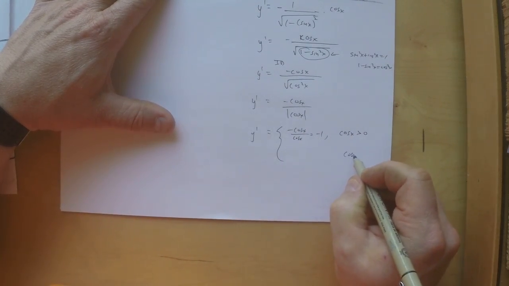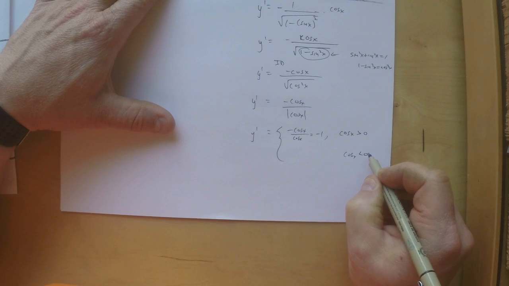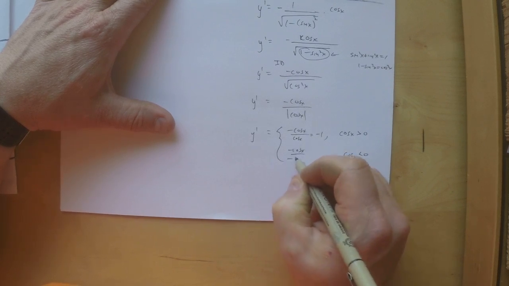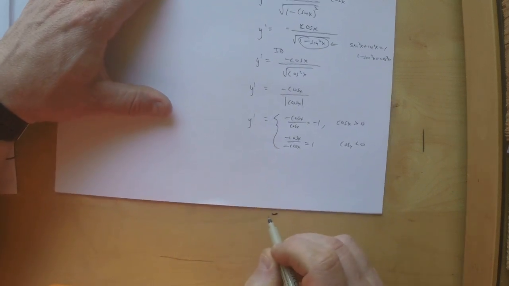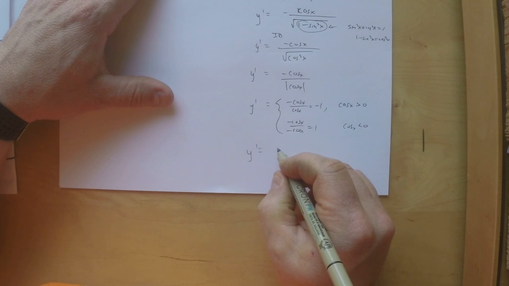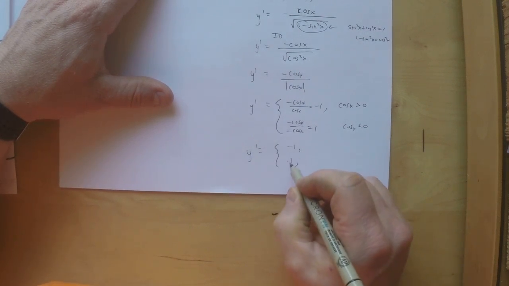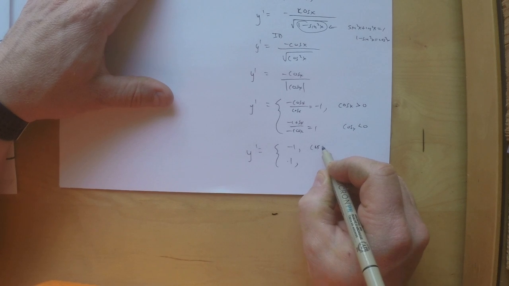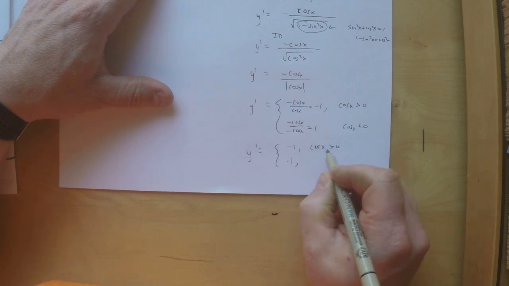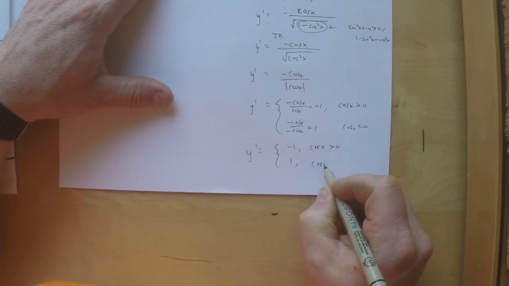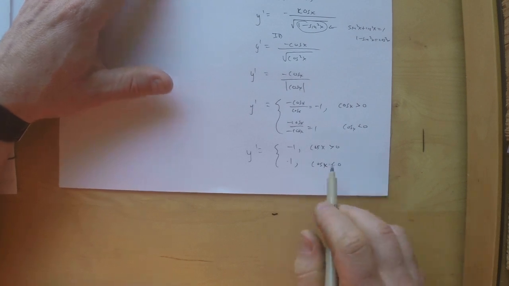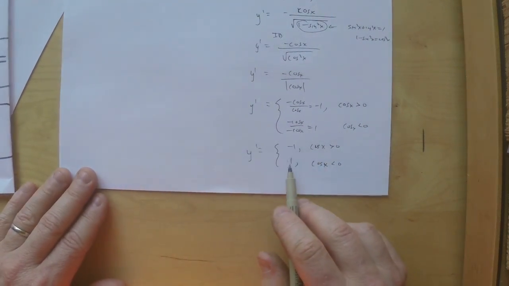If, on the other hand, cos x was negative, you would have negative cos x divided by negative cos x, which would give you 1. So interestingly enough, you get this simple-ish function, but with really weird restrictions on when this is negative 1 and 1.